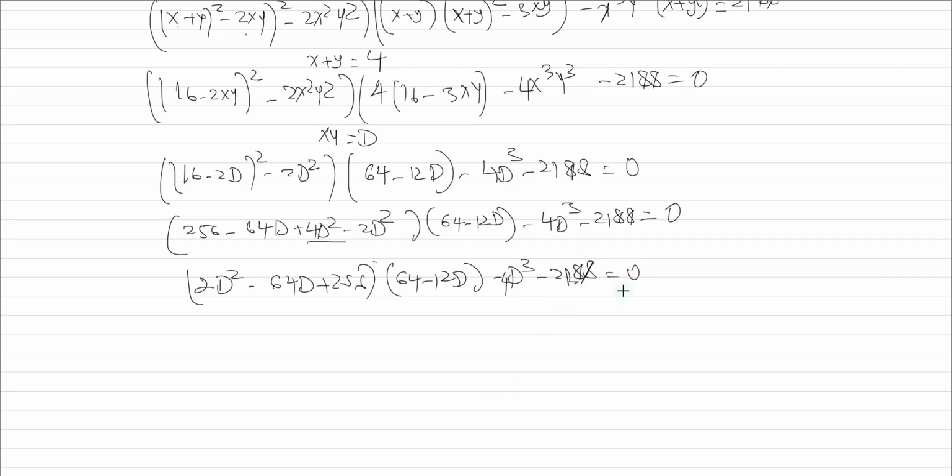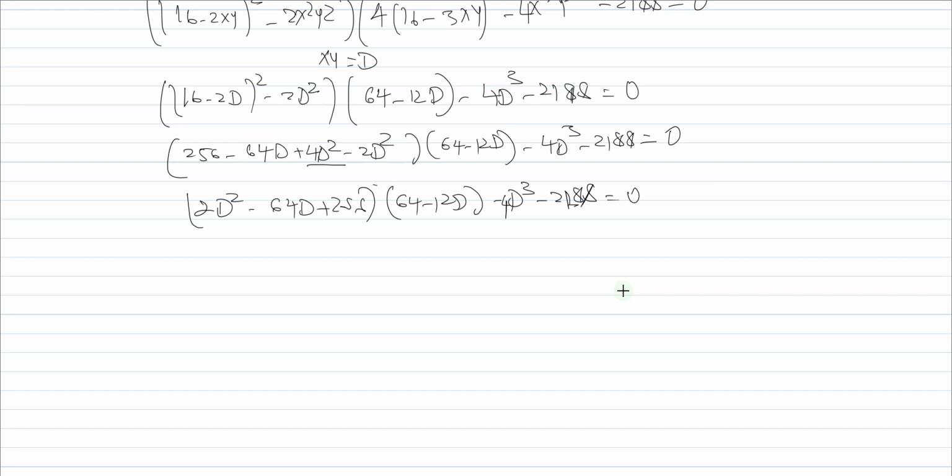minus 2188 equals 0. So guys, from here it's 11 minutes already. Okay, it's going to be 20 minutes. Okay, let's see, guys. Now we have this one multiplied by this one and subtracting.